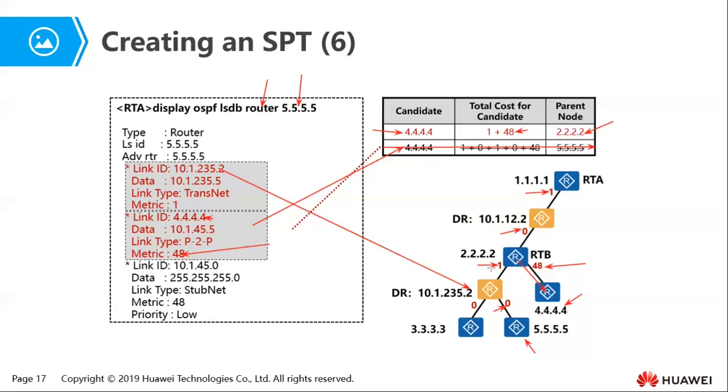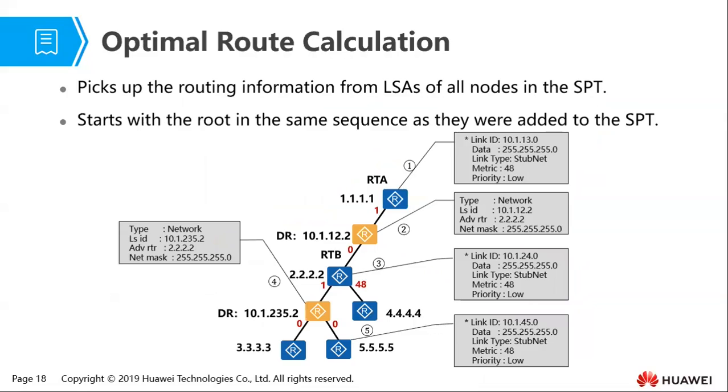That is what the shortest path tree really gives us: the shortest distance from yourself to any other person in the network. Okay, that is it about the creation of an SPT. I hope you've managed to understand some of those points.